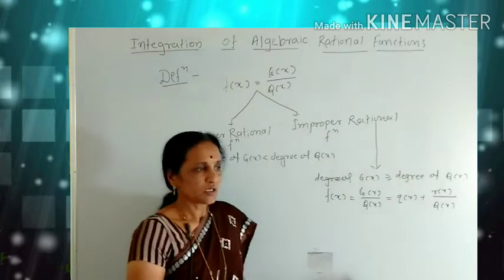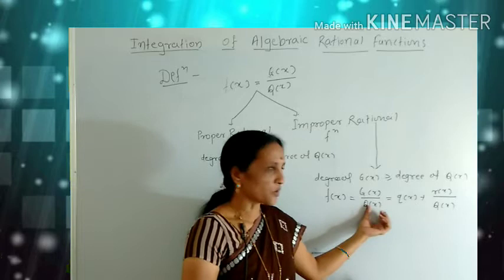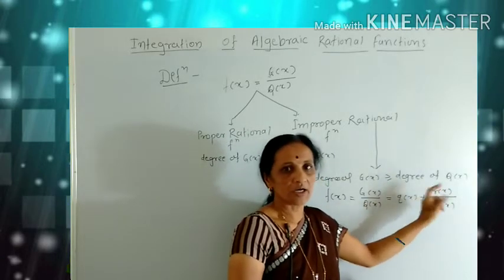In this case the small q(x) is the quotient of this function and r(x) is the remainder.